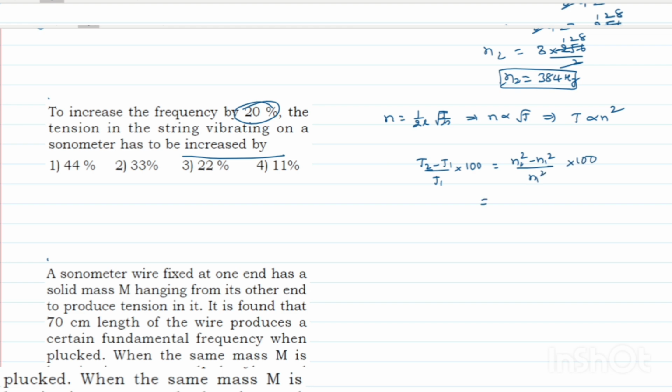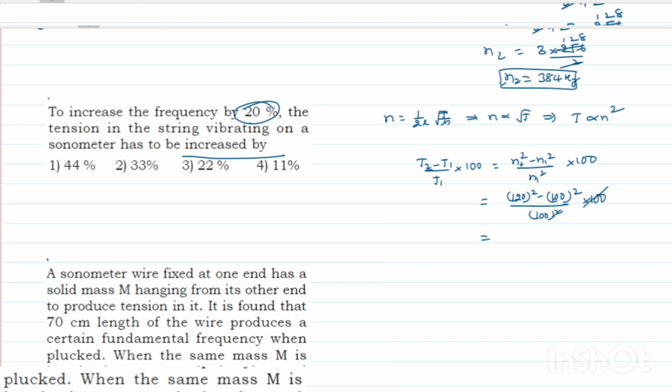Here n2 is given as 120%, since 20% you are increasing, that's nothing but 120 whole square. The initial value you can take as 100, so initial value will be 100 whole square into 100, this 100 gets cancelled.